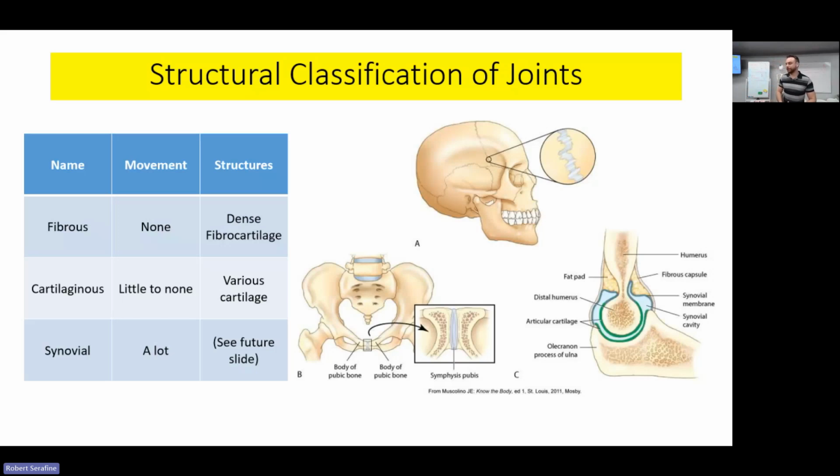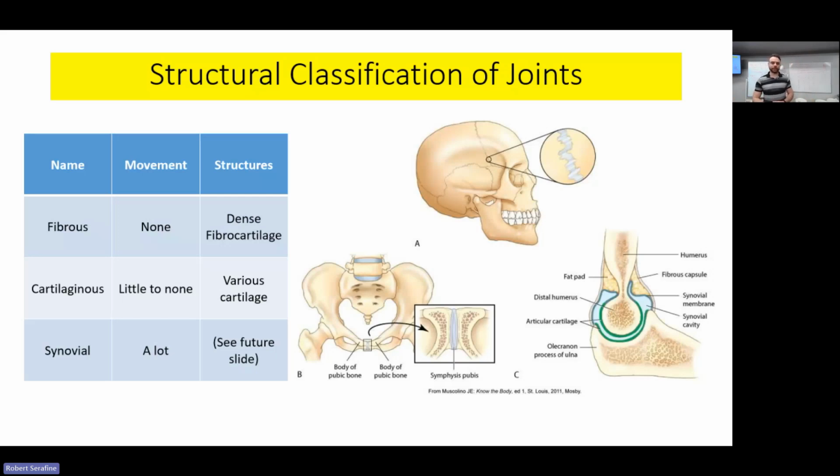So first, let's talk about the joints themselves. Understanding the classifications and functionality of joints gives us the preliminary information we need to understand the grander concepts of joint movement. We have a few labels for joints: a structural classification and a functional classification, as we'll see in the next slide.